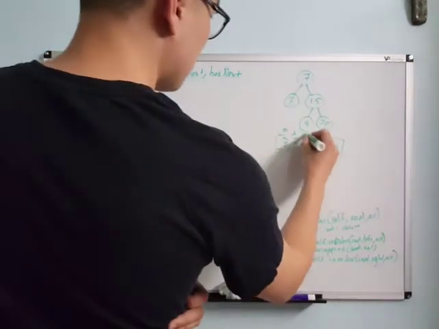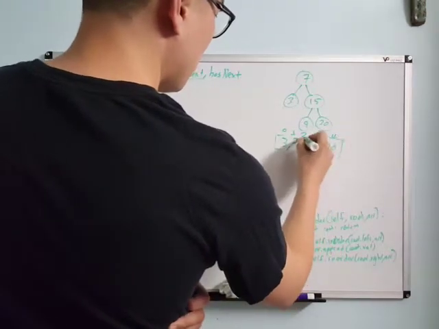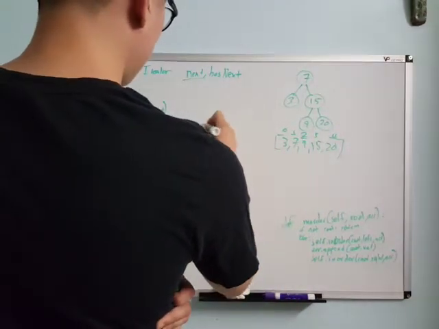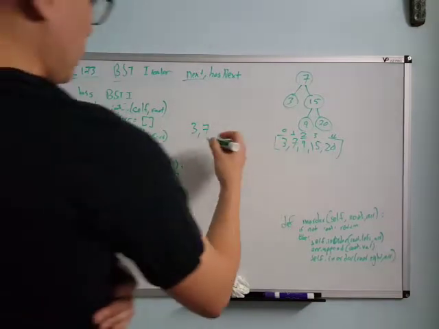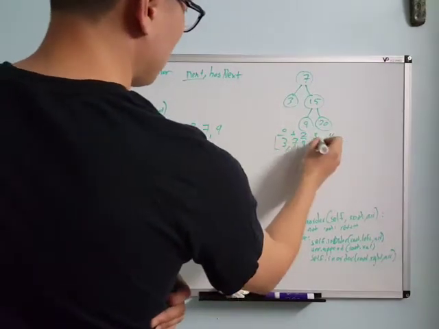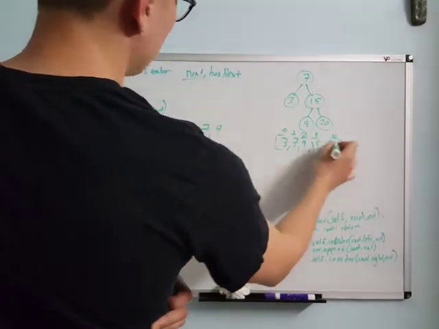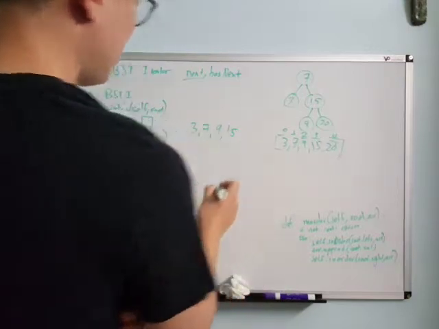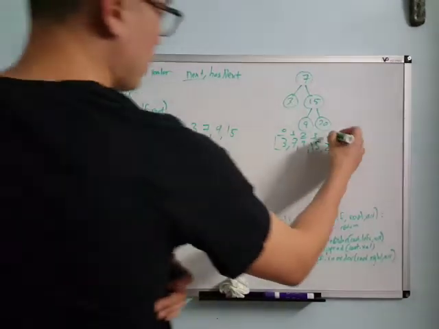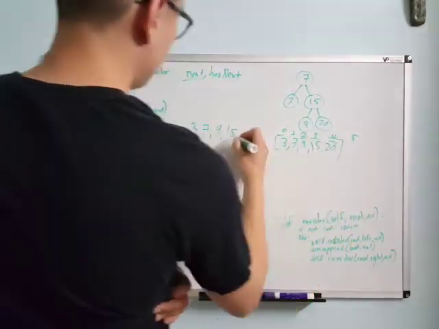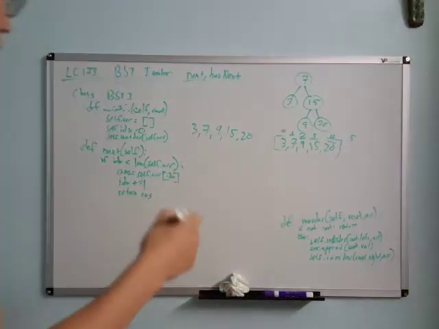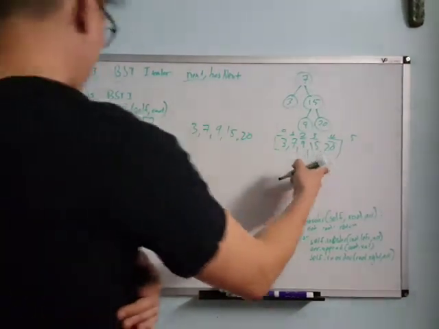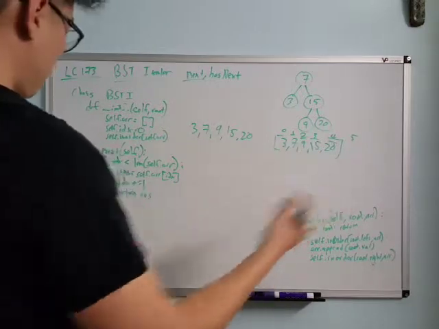Increment this. Return 7. Done. Increment. Return 9. Done. Increment. Return 15. Done. Increment. Return 20. Done. Try it again. idx is not less than the length of the array.